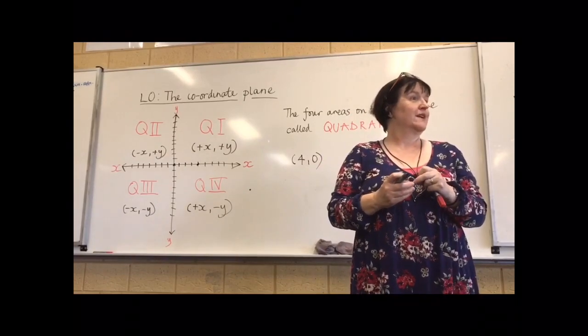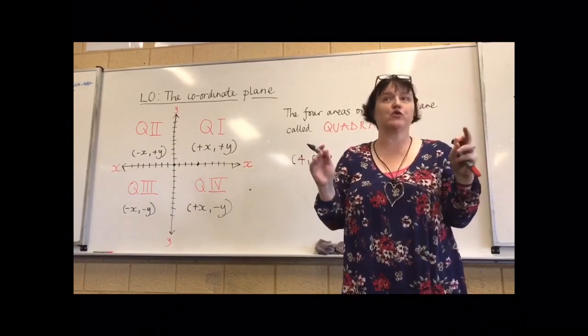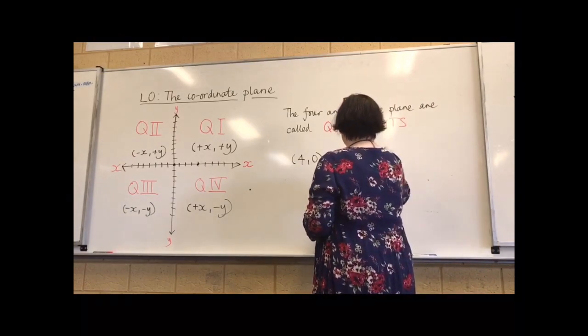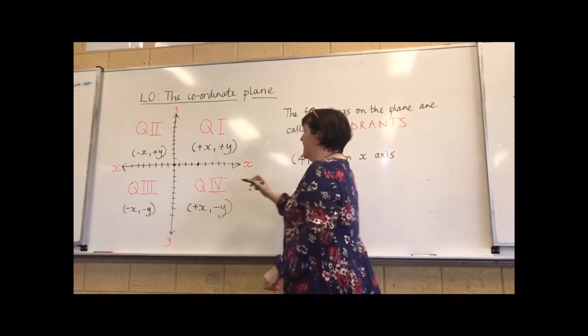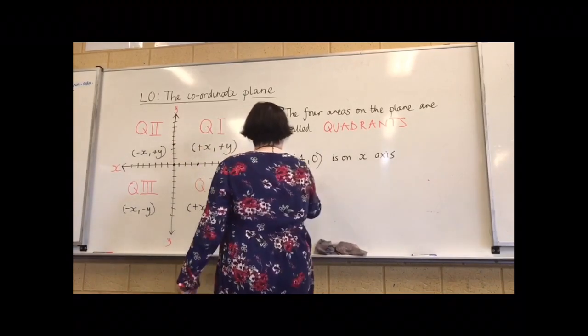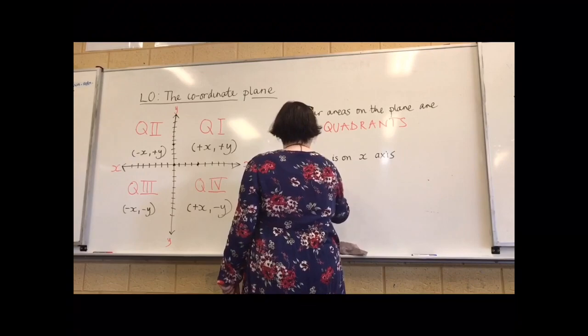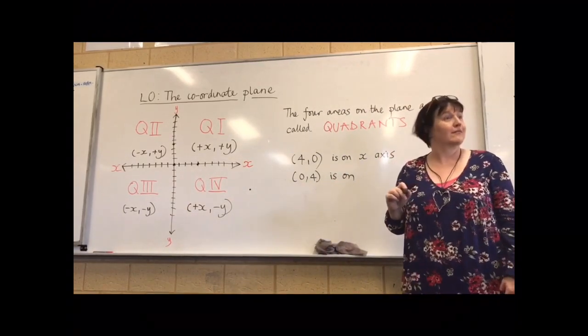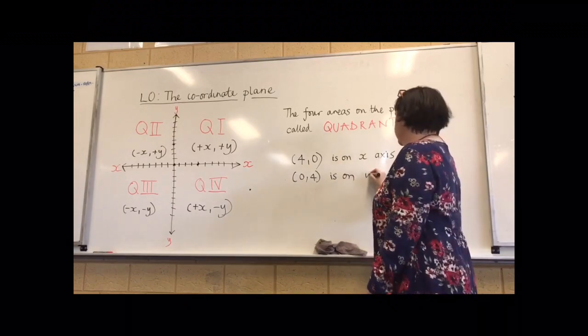On the x-axis. Very good, it's not in a quadrant. So 4, 0 is on the x-axis, and then 0, 4 would be here. Where's that one? On the y-axis, that's right.